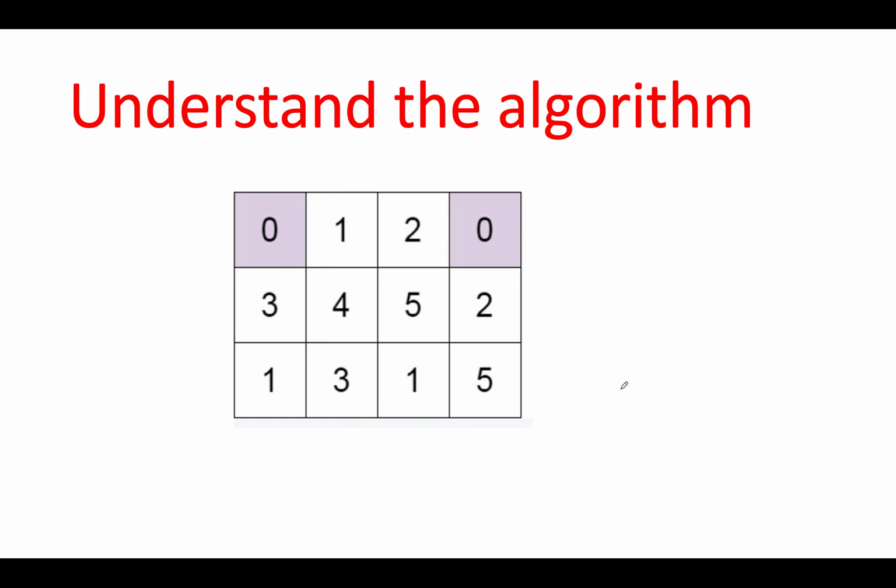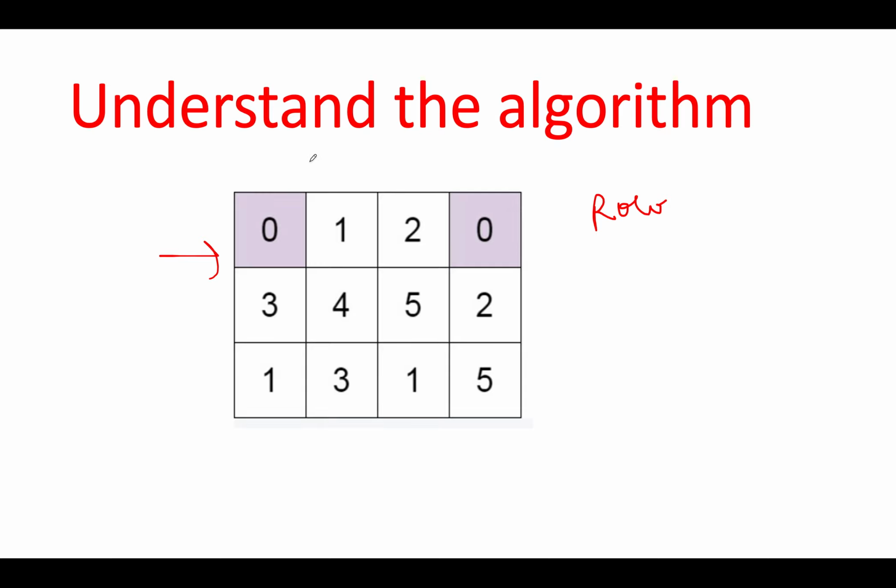So let's talk about the same example that was specified in the question. The matrix that we have is something like this: 0 1 2 0, 3 4 5 2, 1 3 1 5. In the first approach, the naive approach, we can store the indexes of all those rows and columns which need to be turned off or set to 0.